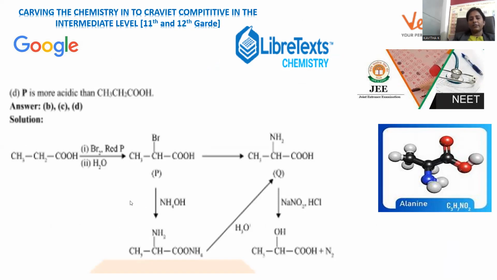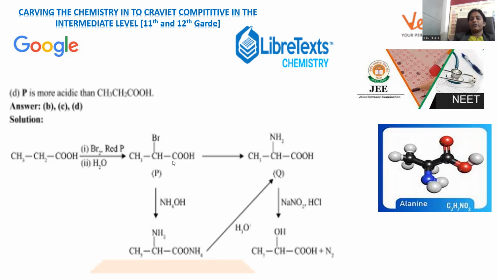In order to get that, first of all, we have to identify what is P and what is Q. Initially, propionic acid was taken, with bromine and red phosphorus, and subsequent hydrolysis was carried out. Whenever this is possible, bromine will be attached at the second carbon. We will get 2-bromopropionic acid, called alpha-bromopropionic acid, which will be P. This will be further treated with potassium phthalimide and hydrolysis.